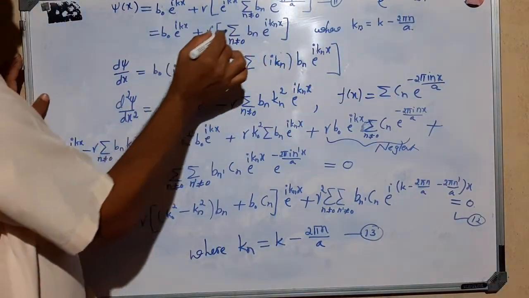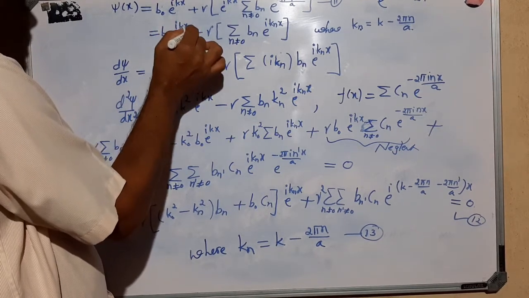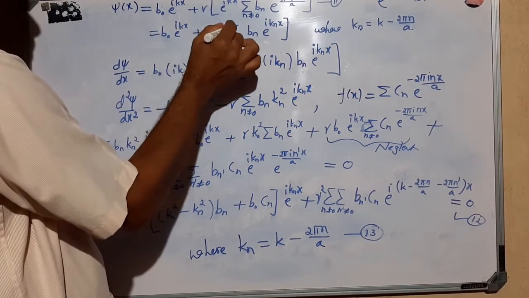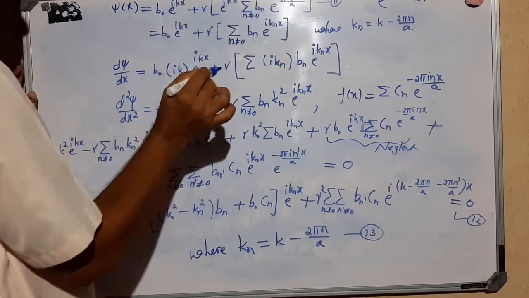So what we have written here is xi of x equal to b naught into e to the power ikx plus gamma into sigma bn e to the power ikn x.